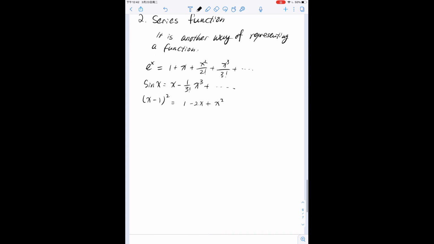So this is one way to consider series function, and that is a power series. And another way is you can actually generate new functions with series.